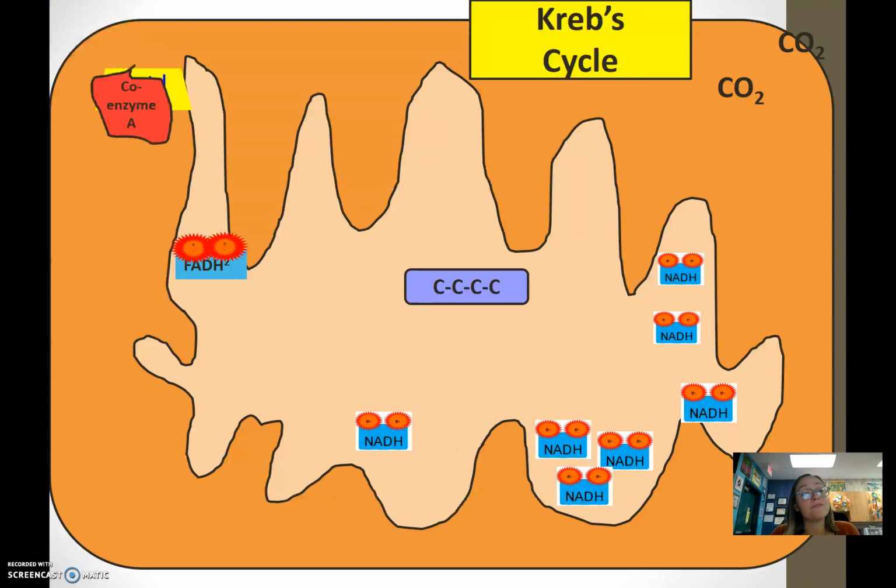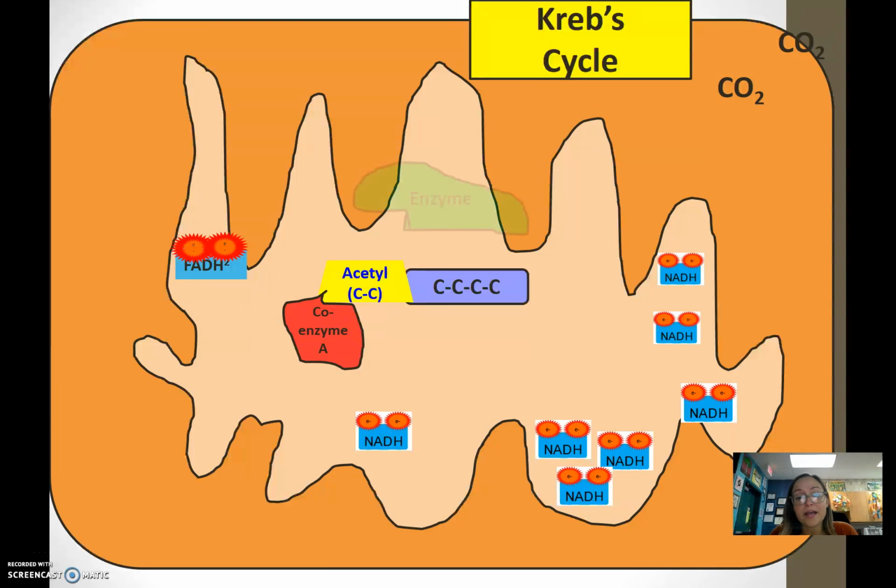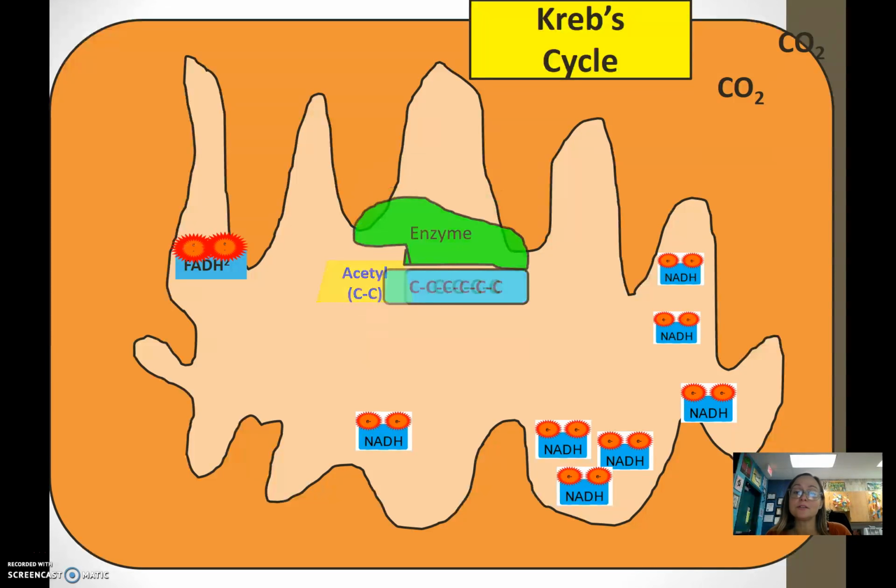So then you would have the new acetyl-CoA come in, attach with the enzyme, forming citrate, and then we can oxidize this. So when we look at the big picture, we started with glucose with 6 carbons, then we had pyruvates, then we oxidized pyruvates, and we had acetyls with 2 carbons left, and then we oxidized those, and now our carbons are all in the form of carbon dioxide.